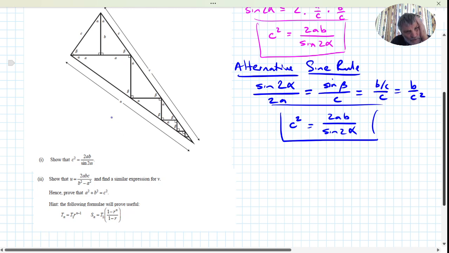And what u is, if I call this side u1, this side u2, this side u3, dot, dot, dot, we've got that u is the sum of these ui's. There's infinitely many of them. So we sum from 1 to infinity.